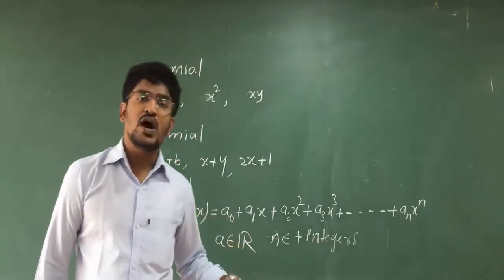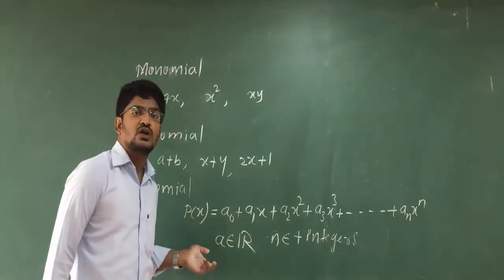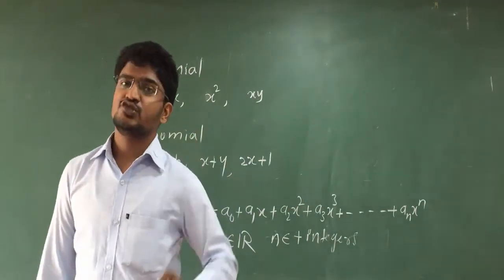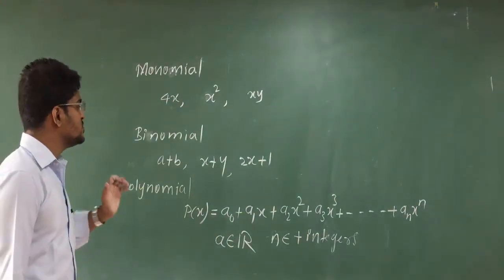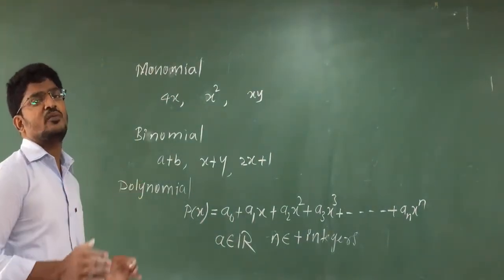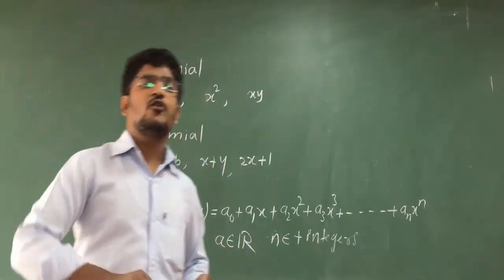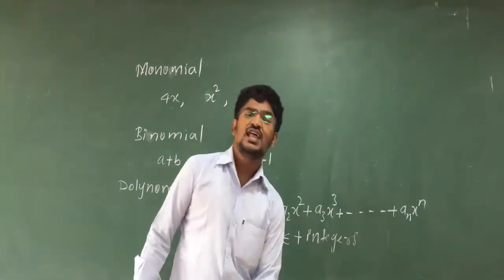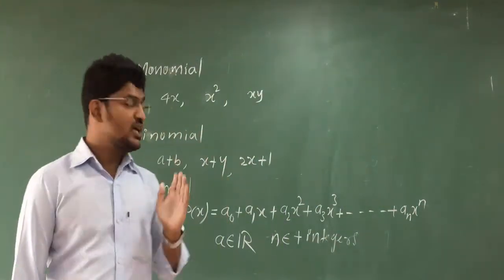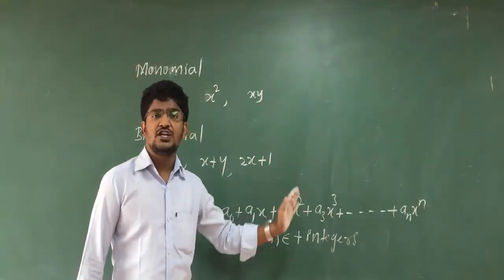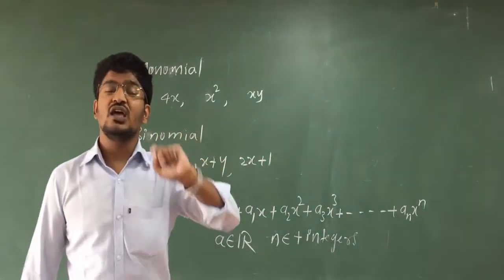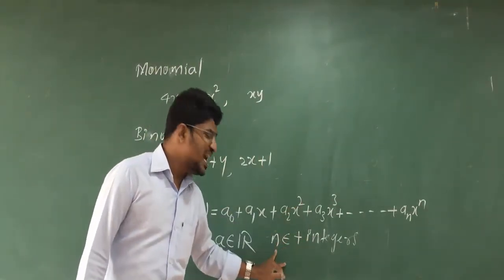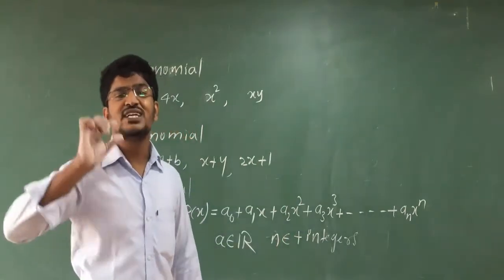So from these two, I define my polynomial, that is p of x equal to a0 plus a1x plus a2x square plus a3x cube plus so on to an x to the power of n. Clear, students? So this is what the definition of polynomial says. Polynomial is a function in the form of a0 plus a1x plus a2x square plus a3x cube plus so on to an x to the power of n, where the small a0, a1, a2, a3 and so on to an are real numbers, and the n value must be positive integers.